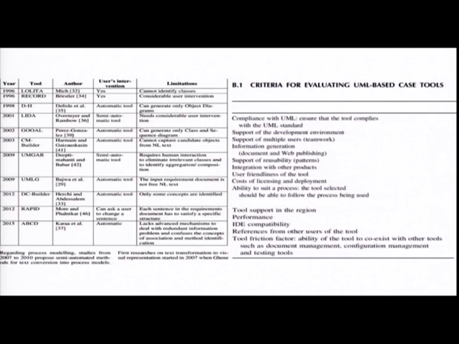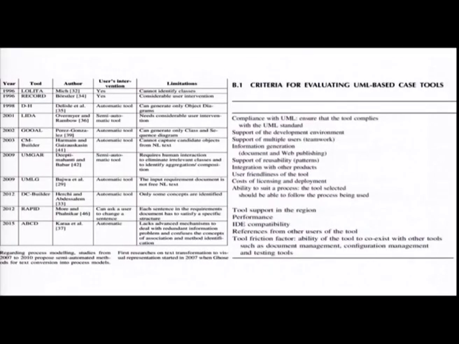Right from 1996 to 2015, there are so many case tools other than Rational Rose. I have deliberately avoided Rational Rose here. Other than Rational Rose, over the last 20 years or so, 2 decades, there have been nearly a top 10, top 12 kind of a thing, which I have picked, a dozen case tools which have been used and which they are using all along, and a simple table using what is called a criteria for evaluating compliance with UML.